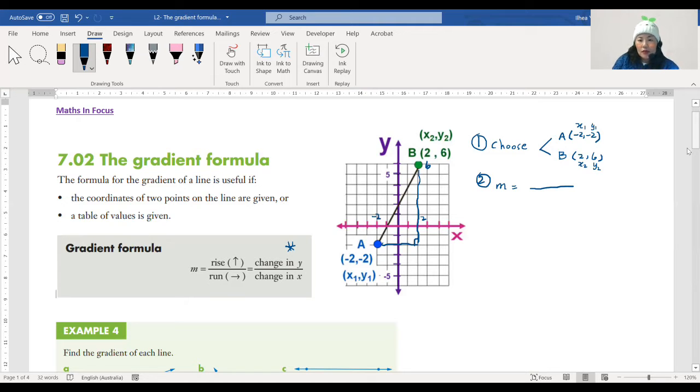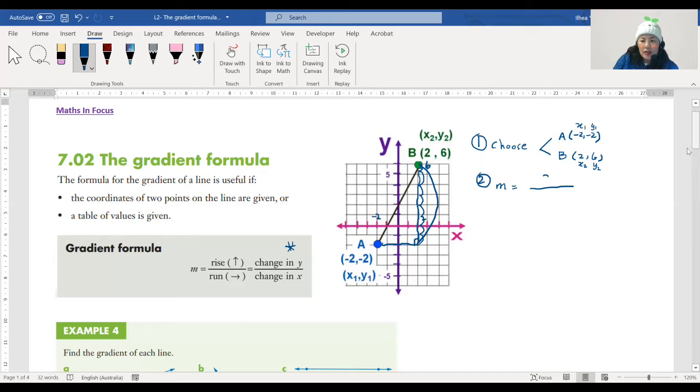So let's have a look at my rise, which is the change in y's. Okay, so we are talking about from here, 6, all the way to here. If I could just count it, it'll be a lot easier, isn't it? 1, 2, 3, 4, 5, 6, 7, 8.